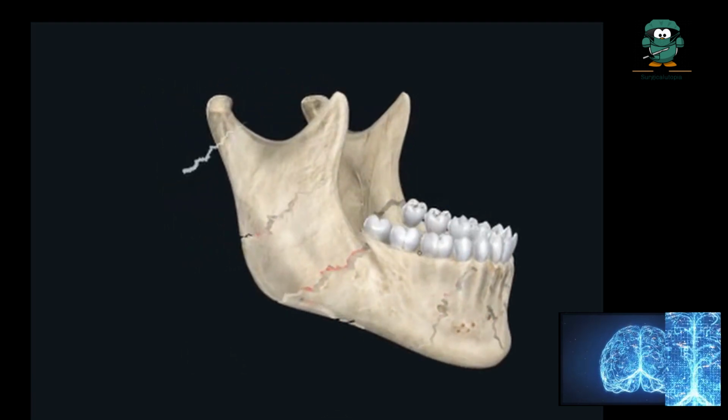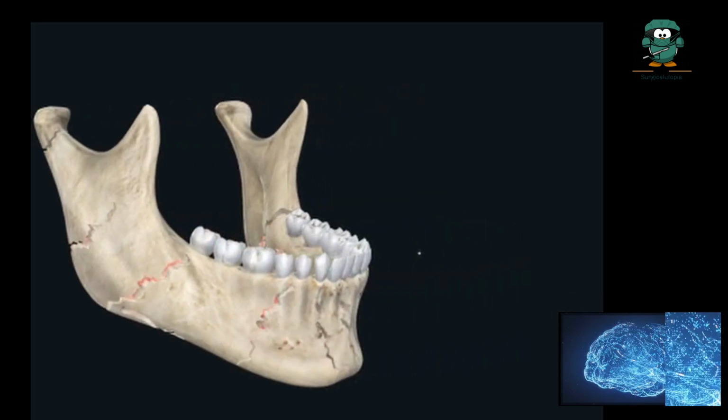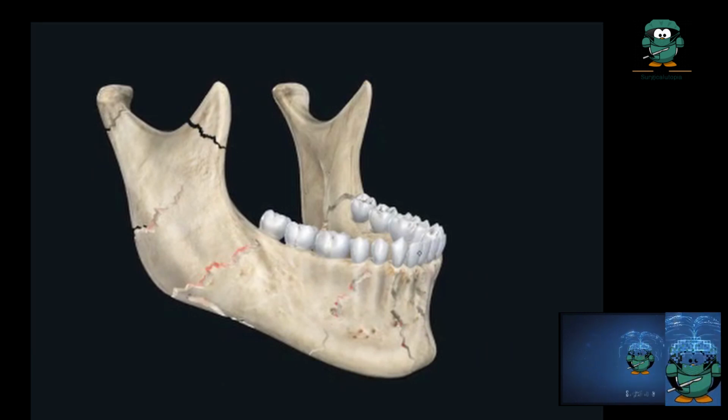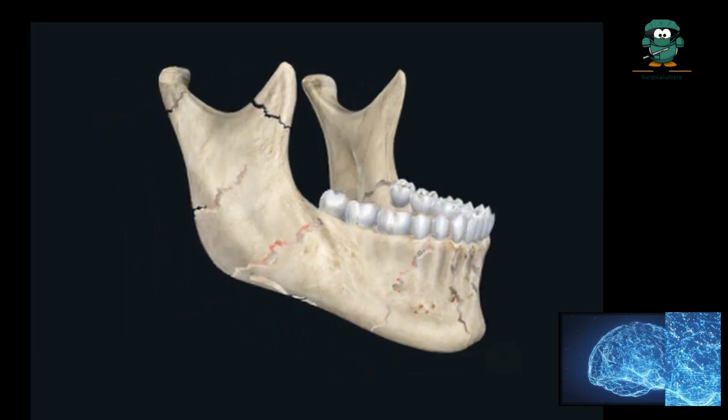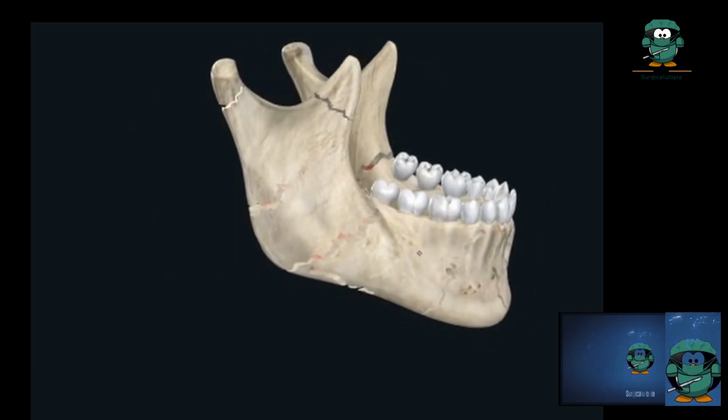This is over here, the condyle fracture will be there, and L7 will be the coronoid fracture, so a fracture on the coronoid region. And L8 is the alveolar process fracture, the fracture occurring on the alveolar process over here.